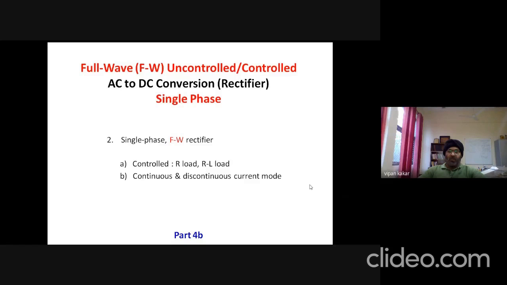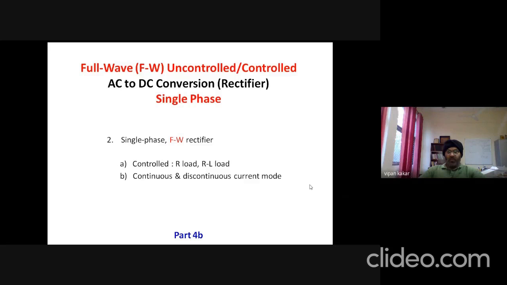We'll be talking about these AC to DC converters for pure resistive load and inductive load, also called RL load. And we'll also be discussing continuous and discontinuous current modes when we are dealing with the inductive load.